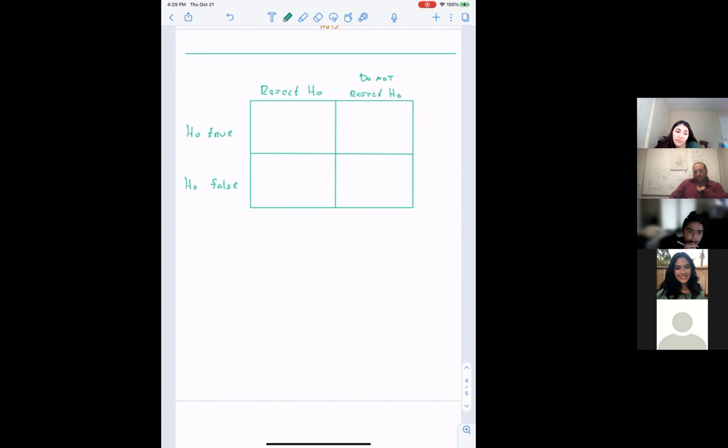The bottom left and the top right. Well, let's think about it. If the null hypothesis is false, should we reject it? Yes, that's a good call. And if the null hypothesis is true, should we reject it?